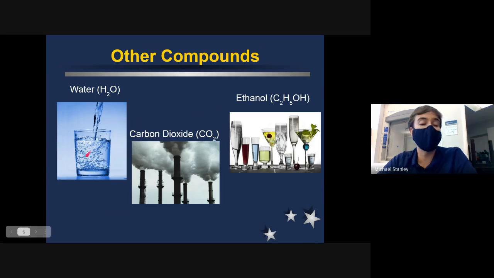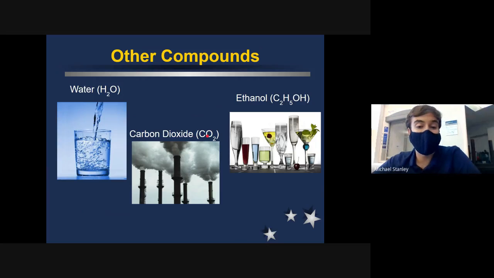So if this was only totally 100% pure water in here, then we could say that this is a pure substance made up of a single compound of water. There's different elements, hydrogen and oxygen, but they're bonded together, and every single particle in here is a water particle. Every single one is the same as the other, so it makes it a pure substance.